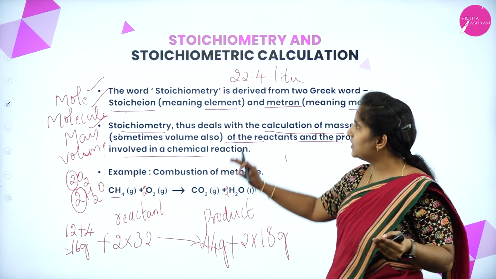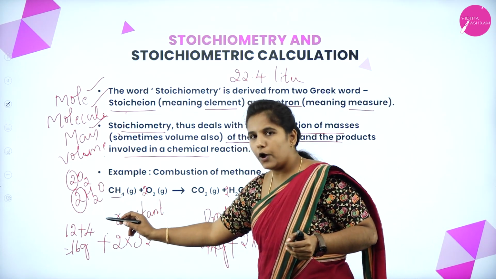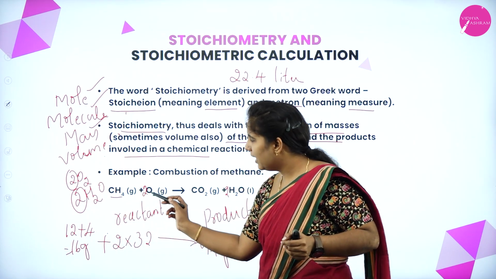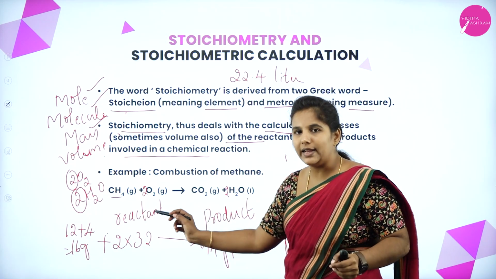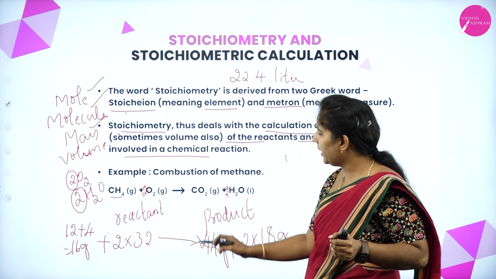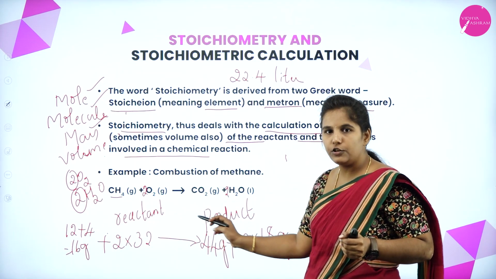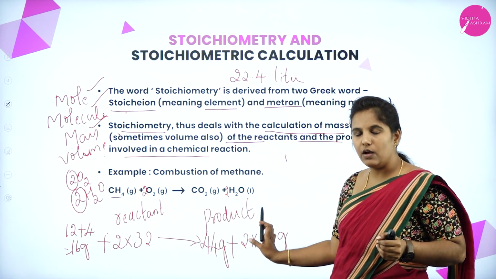Or we can express it in terms of liters also. How can we? 22.4 liters of methane react with 2 into 22.4 liters of oxygen, forming carbon dioxide and water, which we need to calculate.